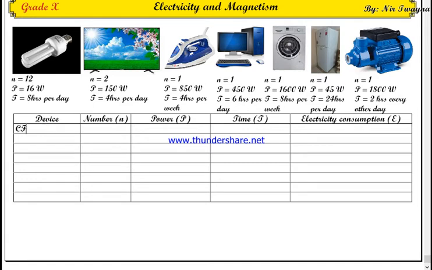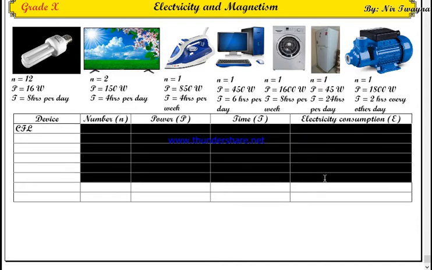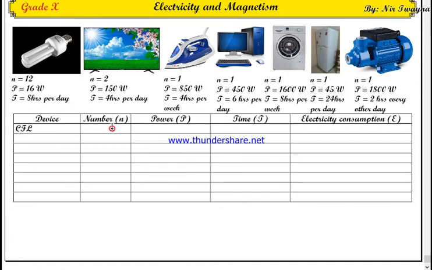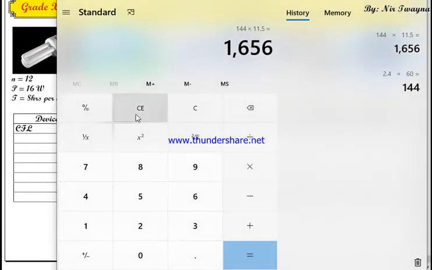First of all, let us do the calculation for CFL. How many CFLs are there in use? 12, and its power is 16 watt, and as I already told you, it must be in kilowatt. How to convert 16 into kilowatt? 16 divided by 1000.